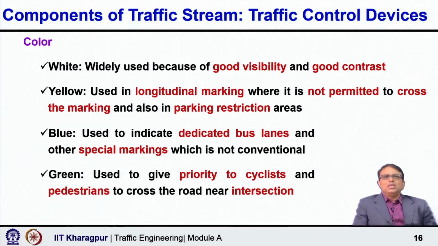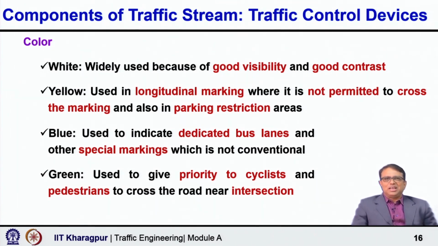Third, blue, used to indicate dedicated bus lane and other special markings which are not conventional. Indian cities are now developing dedicated bus lanes, BRTS corridors. So, how do you indicate that? The blue is introduced for that purpose. Next, green, it indicates the priority to cyclists and pedestrians to cross the road near an intersection.